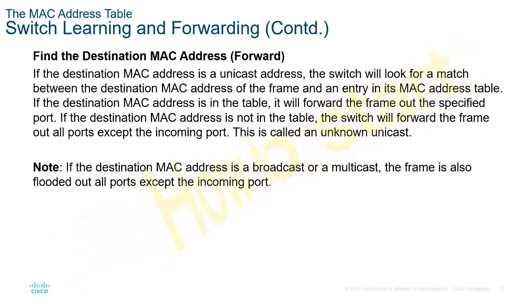It's similar to a broadcast, except this is defined in a MAC address, not to send data to everything. Unknown unicast, broadcast, and multicast will be sent out every port except the port the request came in on.